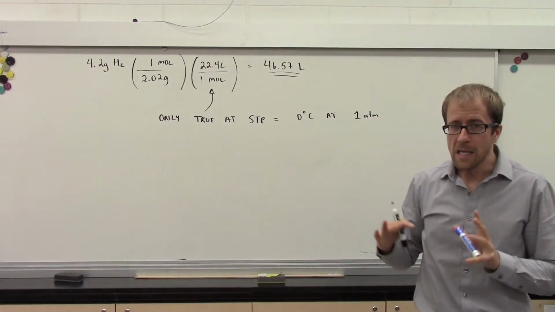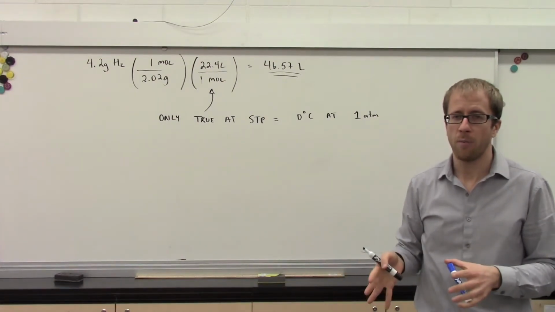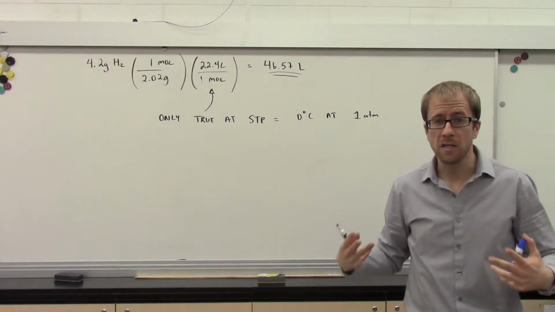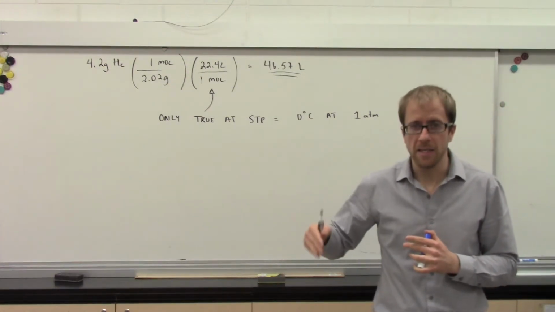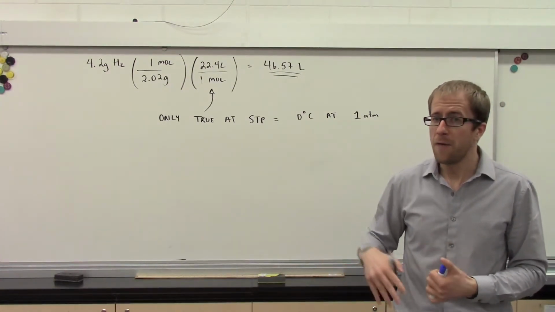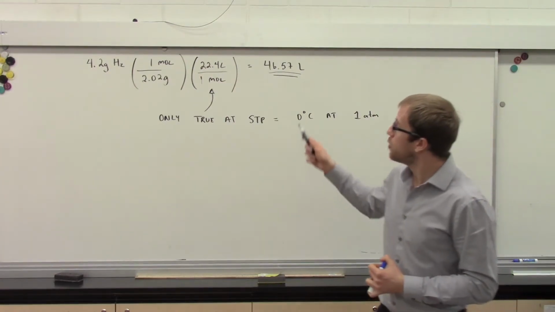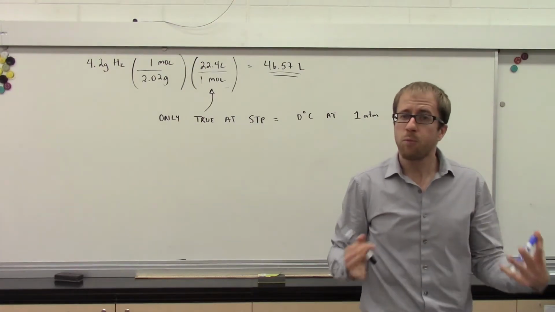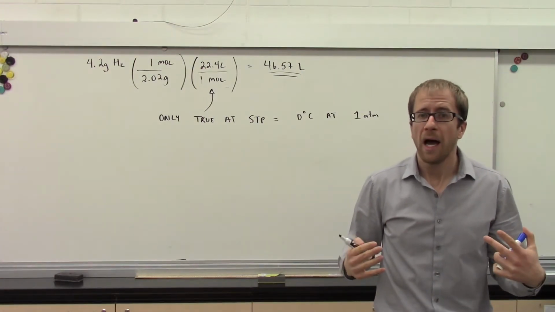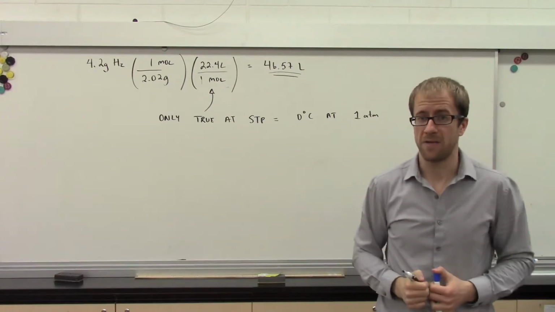So with any mole-based gas problem, you have to constantly be asking yourself, is this at STP? If it is not at STP, you cannot do this conversion. So let's explore now a couple example problems that will help accentuate this fact.